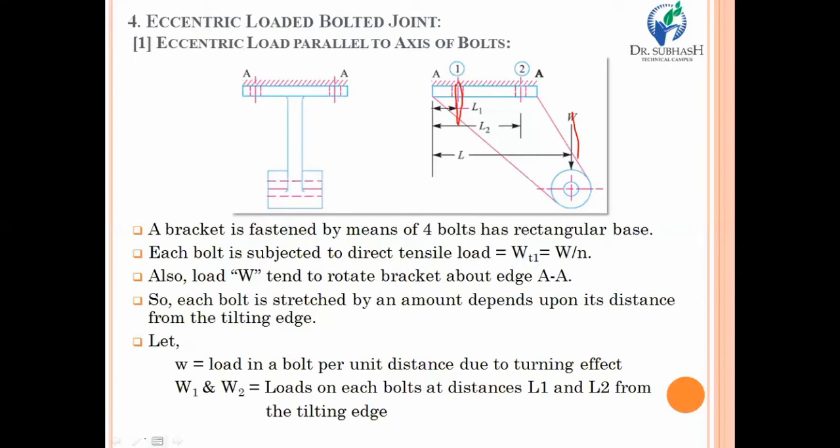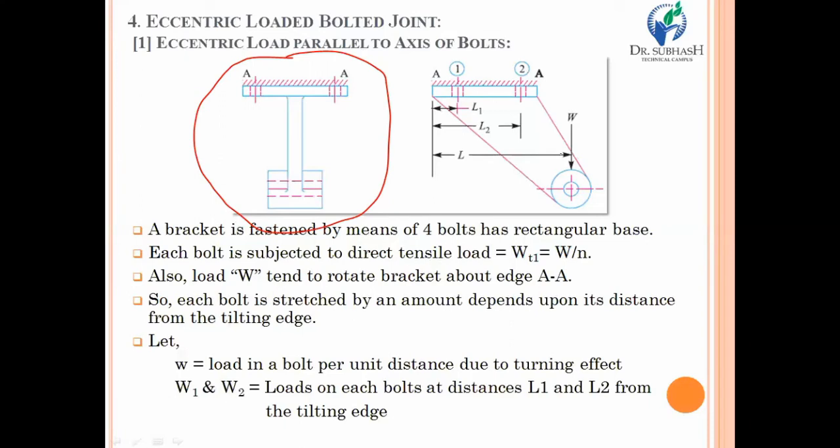So this is the first case in which the axis of the bolt is parallel to the axis of external loading. For that, you are given one figure. There is a bracket. This is the front view and this is the side view. By means of 4 bolts, it is located with a floor or any kind of wall whatsoever.